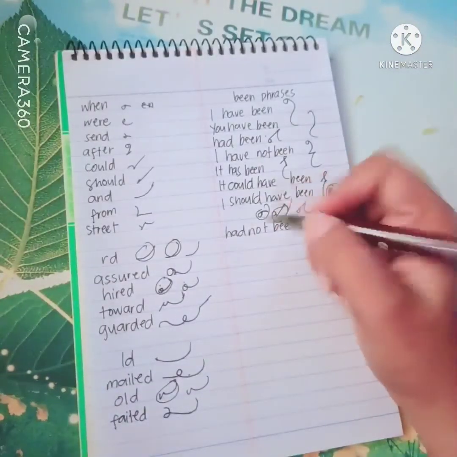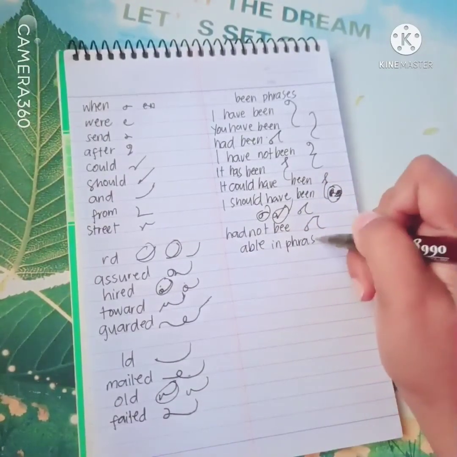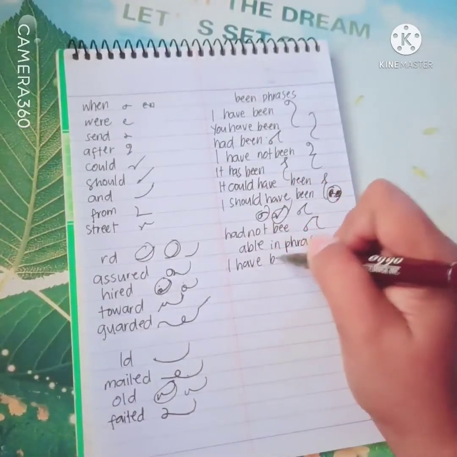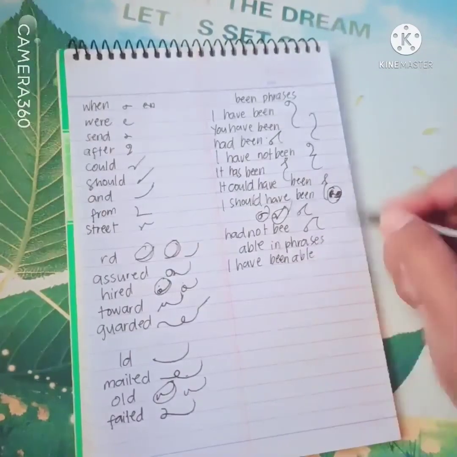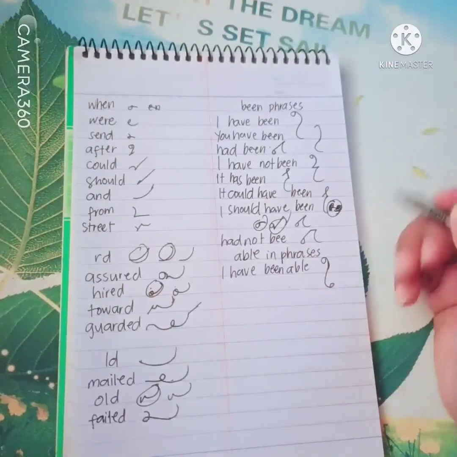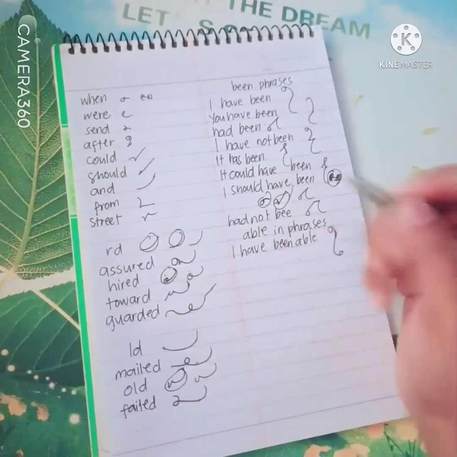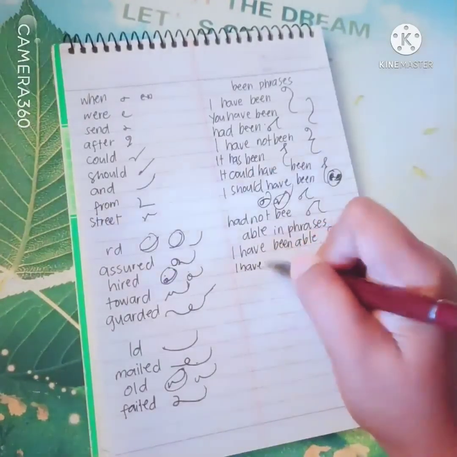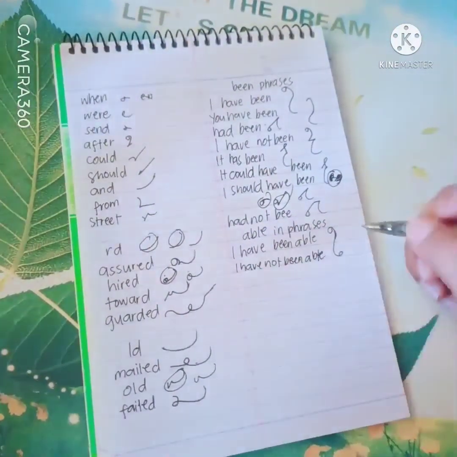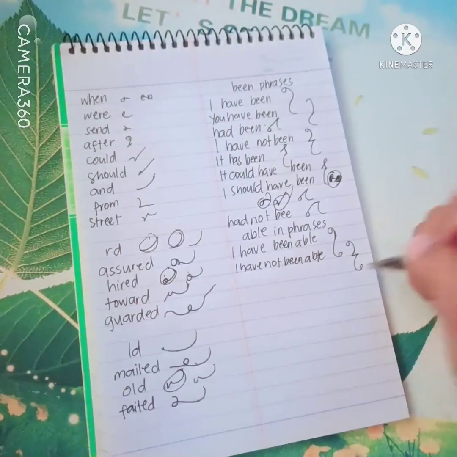Those words that have able in phrases. I have been able. I have not been able.